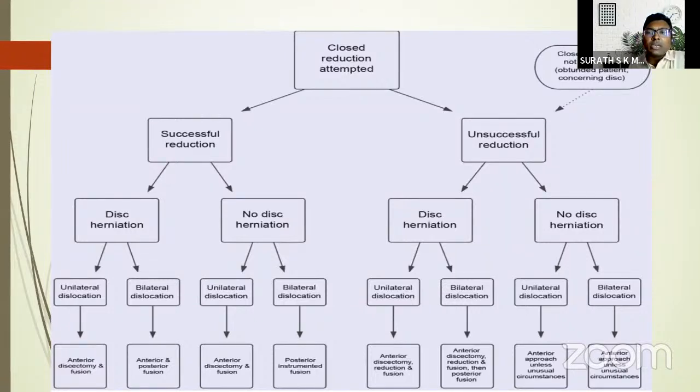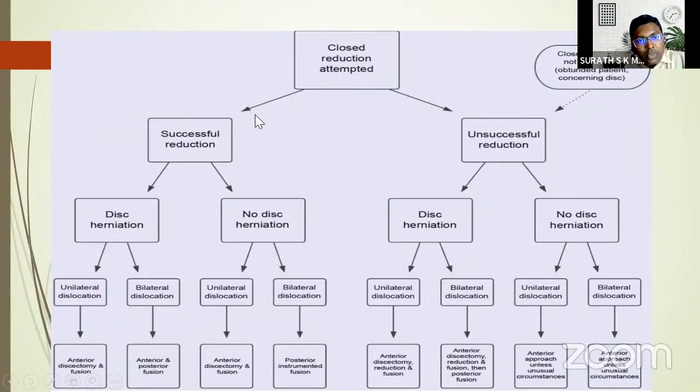So this is from the AO guidelines. I usually follow the AO guidelines, and this has been taken from the AO guidelines regarding bifacet dislocations. They recommend closed reduction first if there is no contraindication.